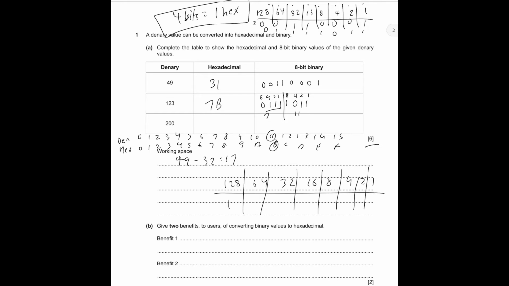It's applicable with 64 as well, so that's 1, 0, 0. We have 8 as the remainder, so 8 will go with 8, so that's 1, 0, 0, 0. So we have 1, 1, 0, 0, 1, 0, 0, 0.